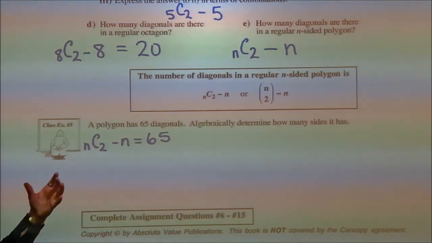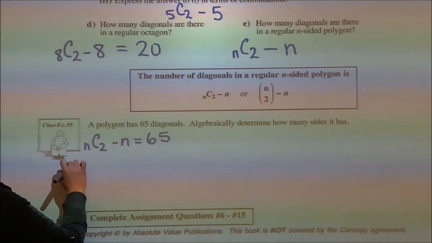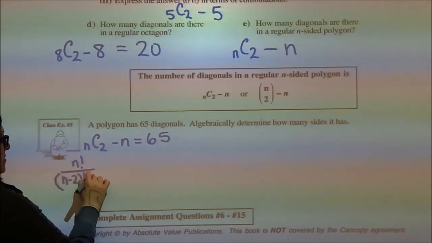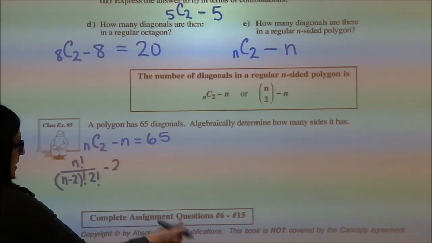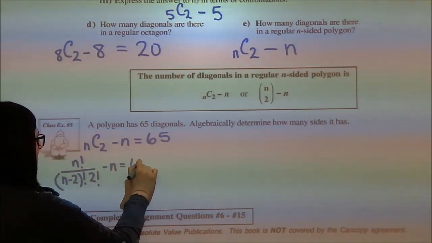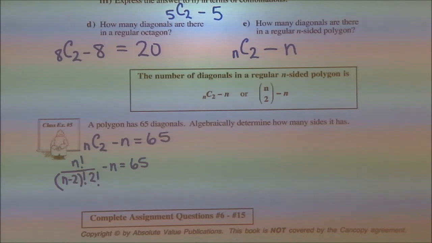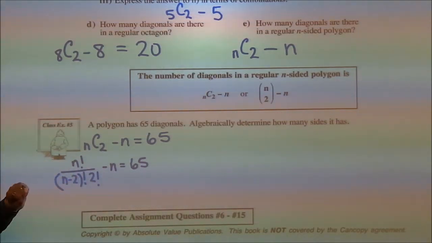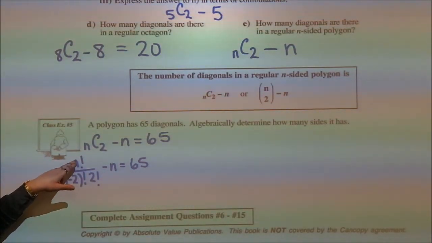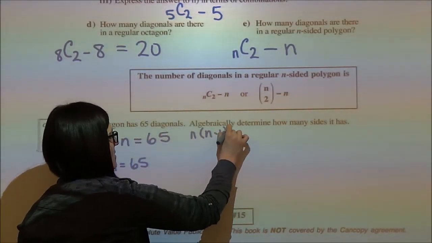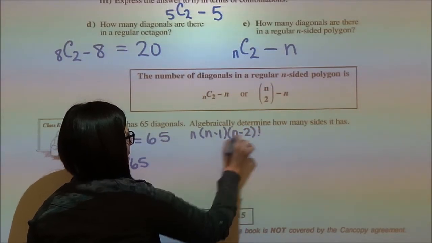So my nC2, I have to use that factorial notation. n factorial over n minus 2 factorial, 2 factorial, minus n equals 65. If I work on simplifying this, the n factorial becomes n times n minus 1 times n minus 2 factorial.